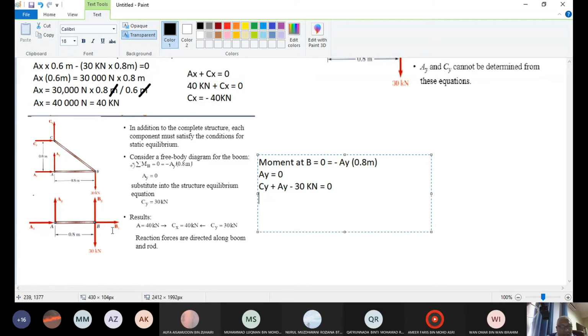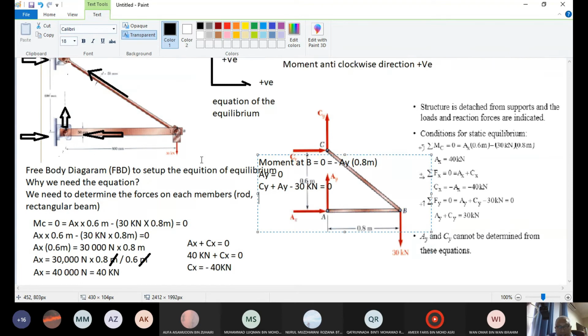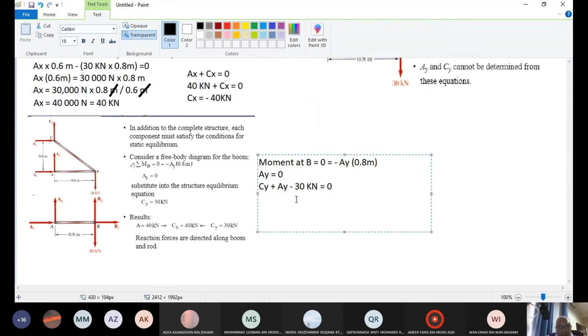So we have CY minus 30. We have the equation earlier. Okay, AY plus CY equal 30.